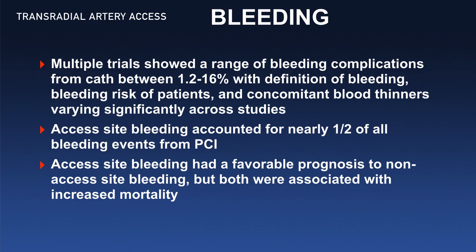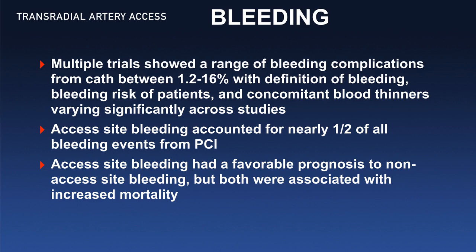So in the groin approach, it's a bleeding or vascular complication in the groin. And obviously access site bleeding does have a more favorable prognosis than other sites of bleeding, for example, internal bleeding or bleeding in the brain, but both do increase mortality.